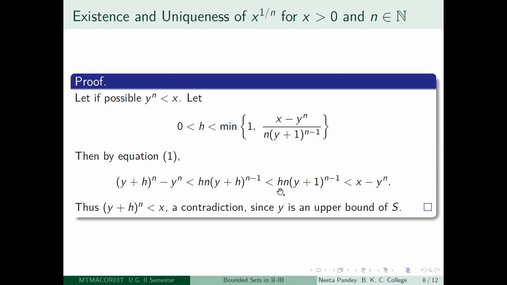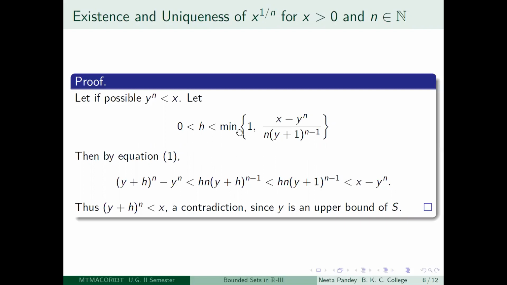So if you assume that h is suitably small, then I will be able to write down this inequality. So look at this. What do you want? You want h to be less than x minus y to the power n divided by n into y plus 1 to the power n minus 1. So some sort of back calculation we are doing. So we want that h should be less than that.